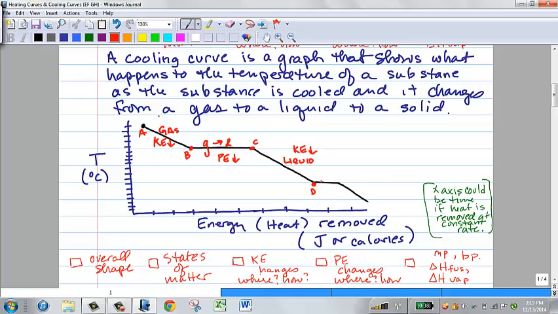At point D, the liquid starts to solidify to form a solid, so that's freezing. And when freezing happens, bonds form, and so potential energy is dropping. And then at point E, all of the liquid has been converted to solid. There's only solid left, and the temperature is dropping from points E to F. And so since the temperature is dropping, the kinetic energy is dropping.